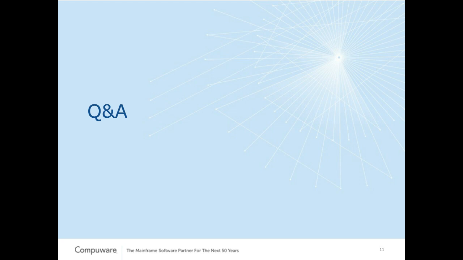In the distributed environment, out of the box, we have connectors for Oracle, SQL Server, DB2, UDB, and let's see, did I miss any? We also have the capability of using JDBC connectors to connect to really just about anything that a JDBC connector is available for, and process that as well.